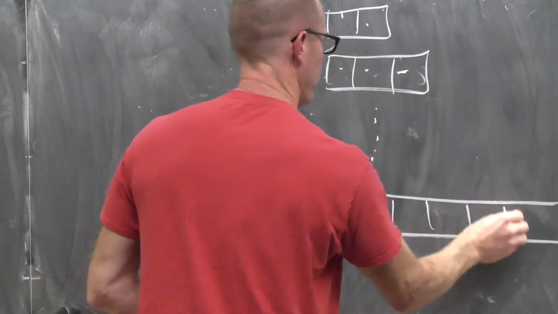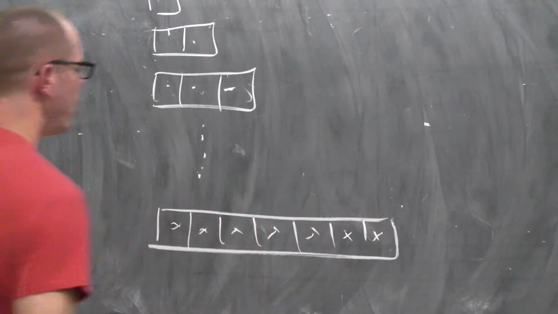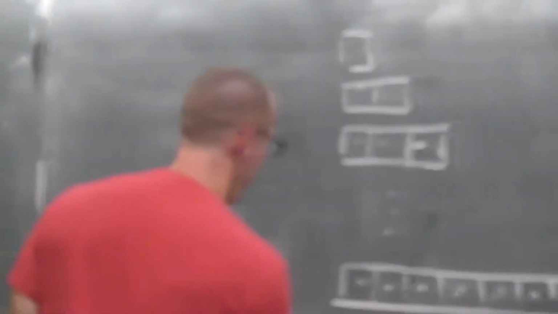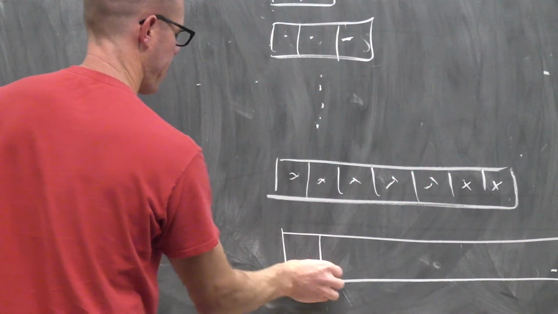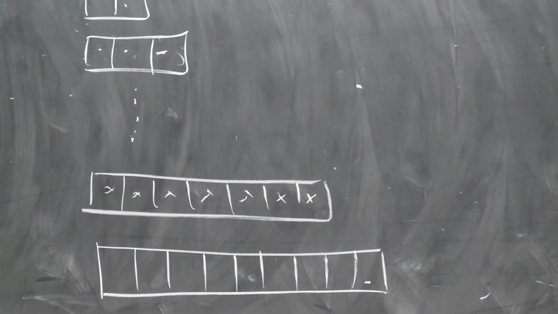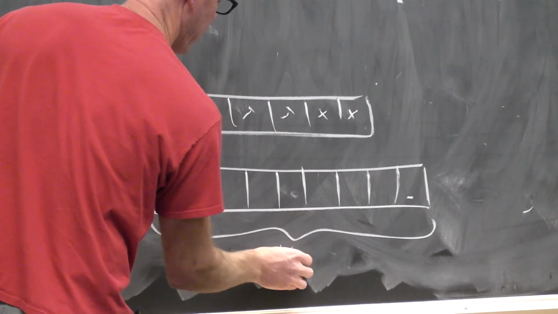So let's say this is all full. And now I add something. So I add a new array. That takes a while. That takes about, this is k or whatever you want to call it.